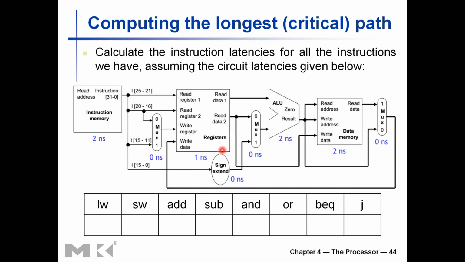let's take a very simple example and try to understand this concept better, right? So these are the main elements in our data path. We have the instruction memory where the program, the sequence of instructions, is, and we have the register file to read register operands if the instruction requires register reads, and between them we have a multiplexer to decide which one is the right register given in the instruction.